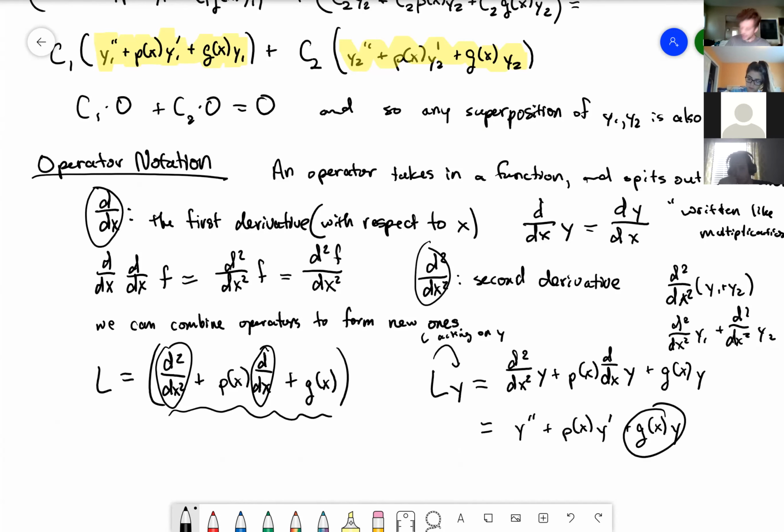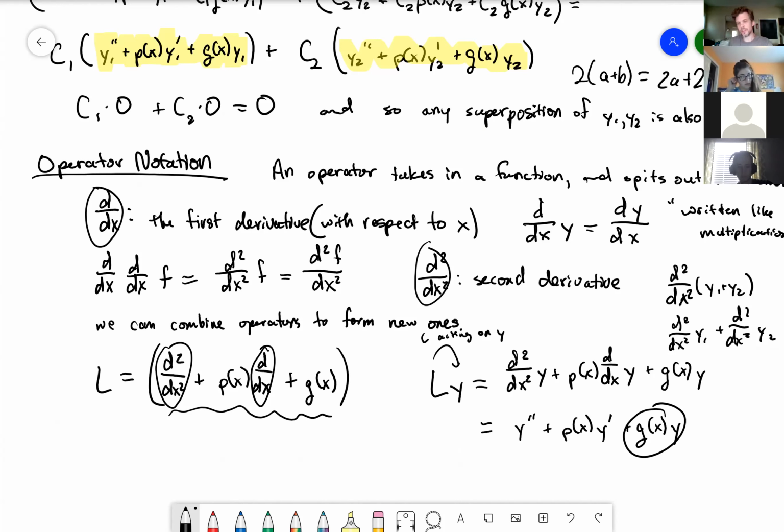But here we really do have multiplication of Q of X times Y. And so multiplication, in fact, has this property as well. It's very easy to see that 2 times (A plus B) is equal to 2A plus 2B. Right. This operation of multiplication also has its linearity property.